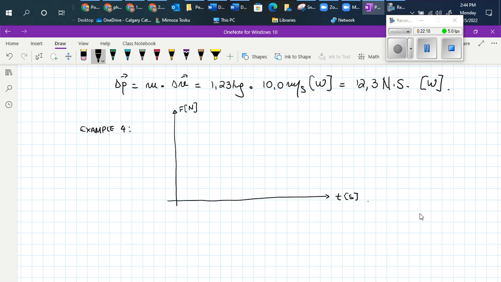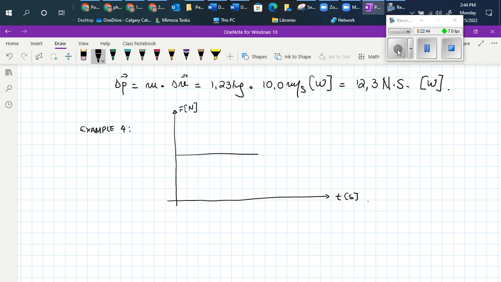Just for simplicity, I will just do force in newtons and seconds, and then I will show you what you have to do when you see different units. And the relationship between force versus time will be something like this.